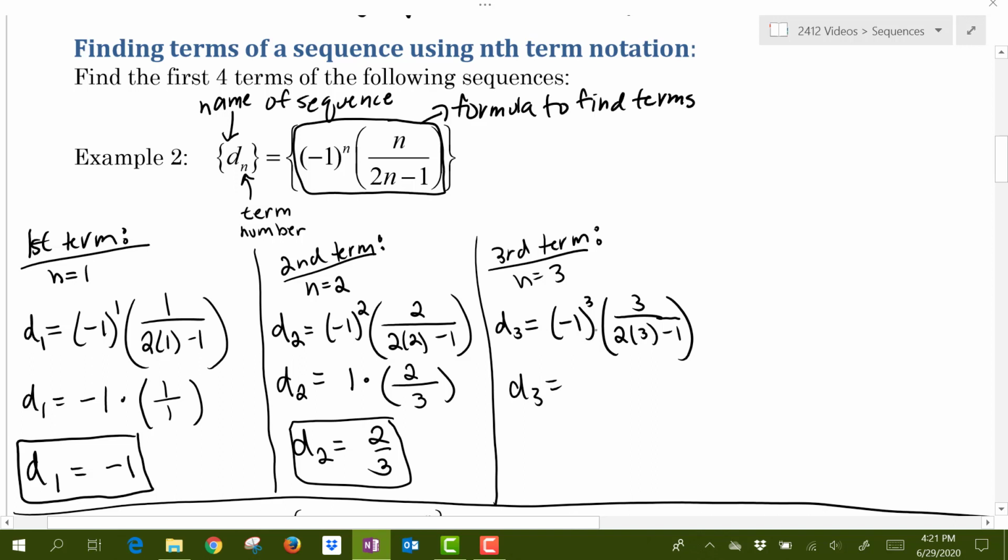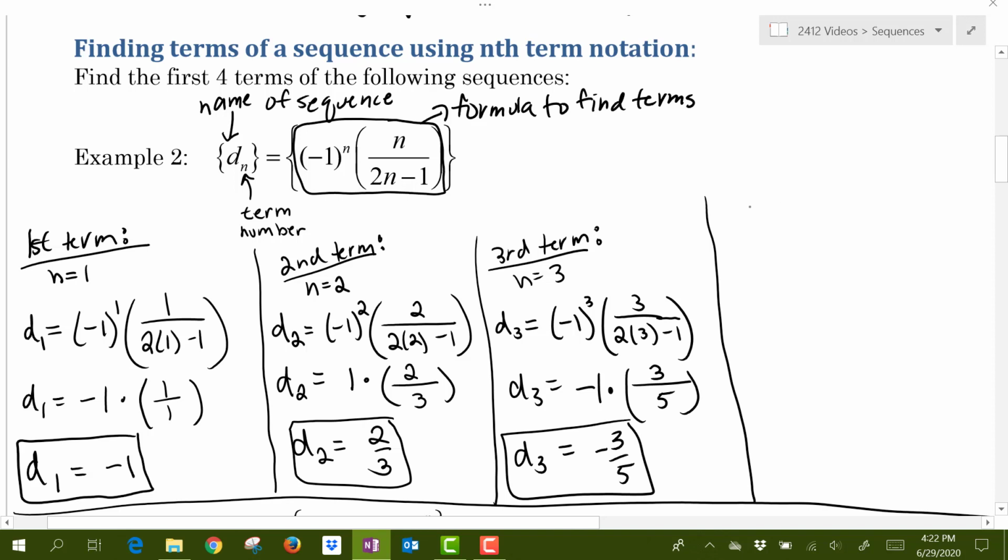Negative 1 cubed is a negative. It's negative 1 times 3 over, 2 times 3 is 6, 6 minus 1 is 5. So the third term of our sequence, or d sub 3, is negative 3/5. We're asked to go all the way to the fourth term.